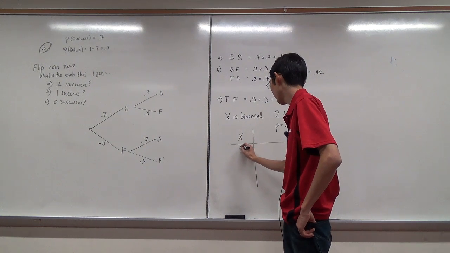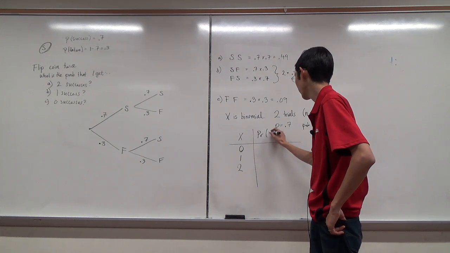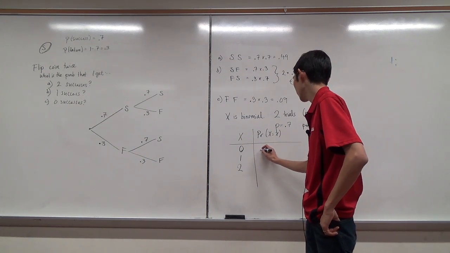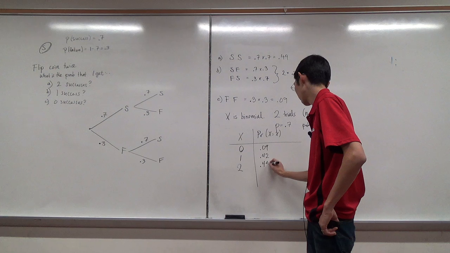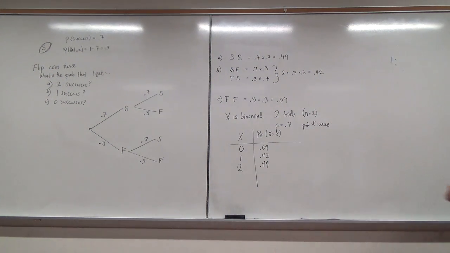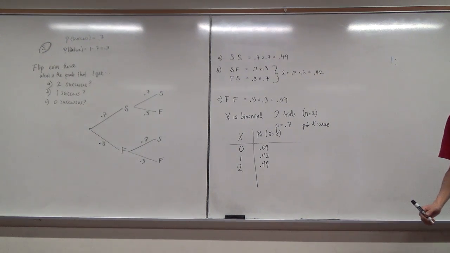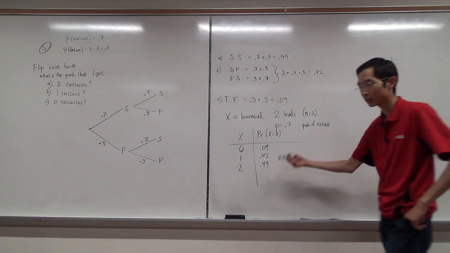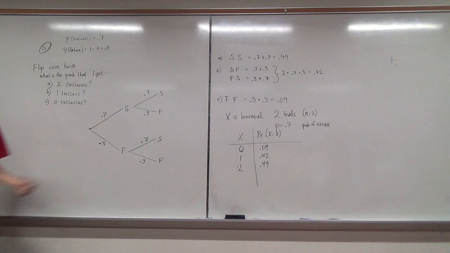X can take on the values 0 successes, 1 success, or 2 successes. And the probability that X takes on that value would be 0.09, 0.42, 0.49. So this would be a binomial random variable. It's just a random variable, but we've determined the probabilities following this set of rules. Is that okay? All right.